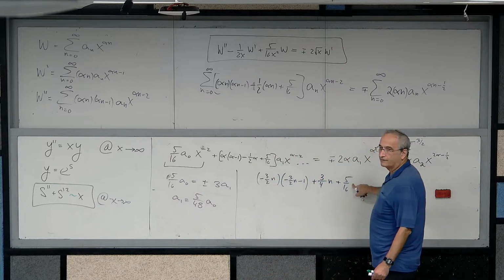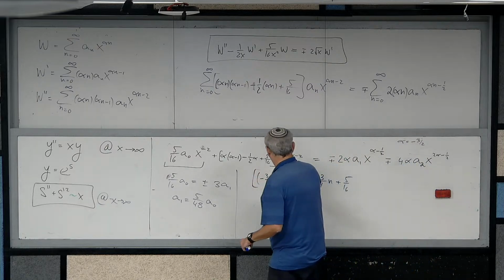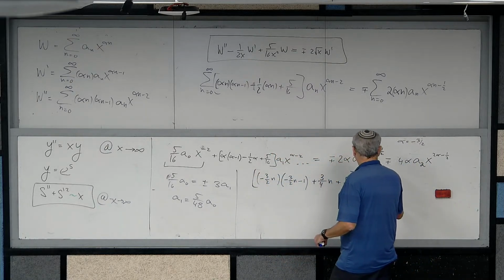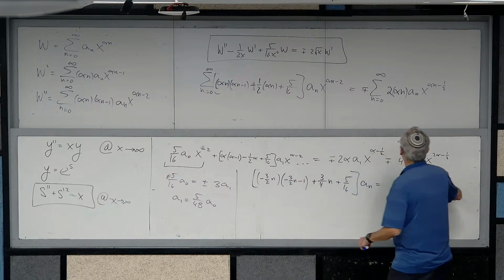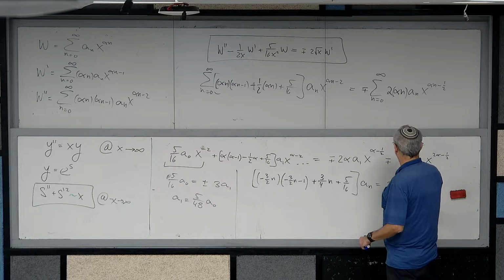Right? This is the coefficient of all this, times a_n, will be equal to, or minus 3/2. So alpha is minus 3/2.